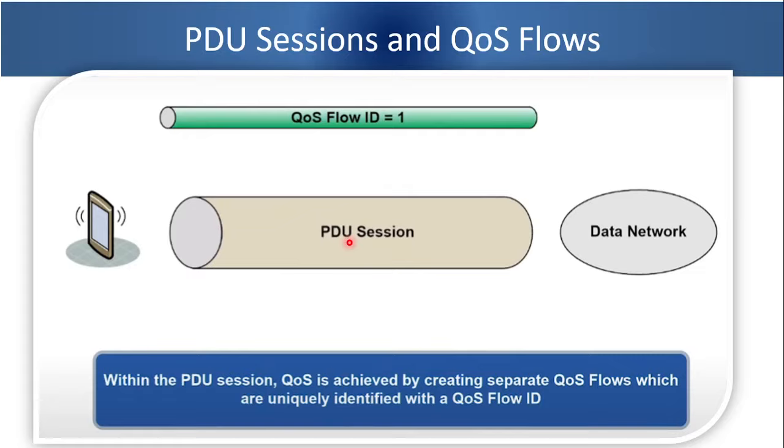And if there is, say, a voice call, which will require some kind of guaranteed bit rate, it will have a different QoS flow ID. So basically the traffic which flows through the network is actually the flows. Those are categorized by the flow. So one type of traffic will flow with one QoS flow ID.